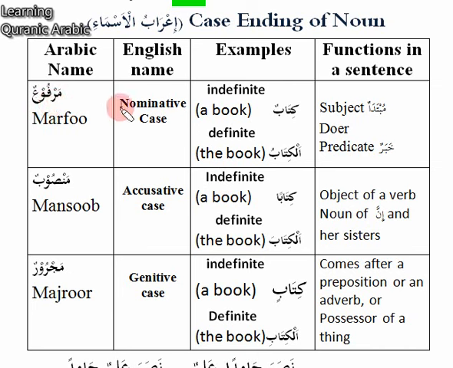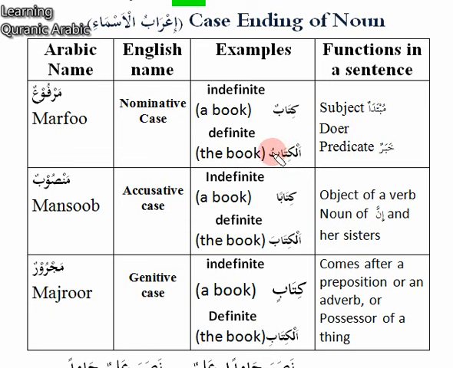Marfu. The noun can be marfu whenever you see the noun which has tanween damma or single damma. If it is definite, of course, you have studied definite and indefinite in lesson 1 and lesson 2, so you know about it. If the noun is definite, then we have single damma or single vowel sign at the end.